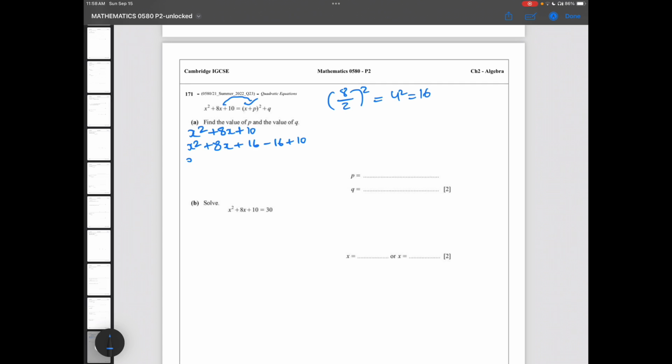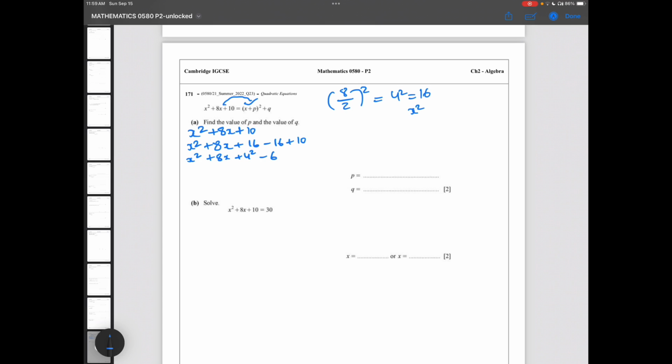So now it becomes x squared plus 8x plus 4 squared. Minus 16 plus 10 is minus 6. Now we can apply the first identity over here, that is (a plus b) whole squared is equal to a squared plus 2ab plus b squared.